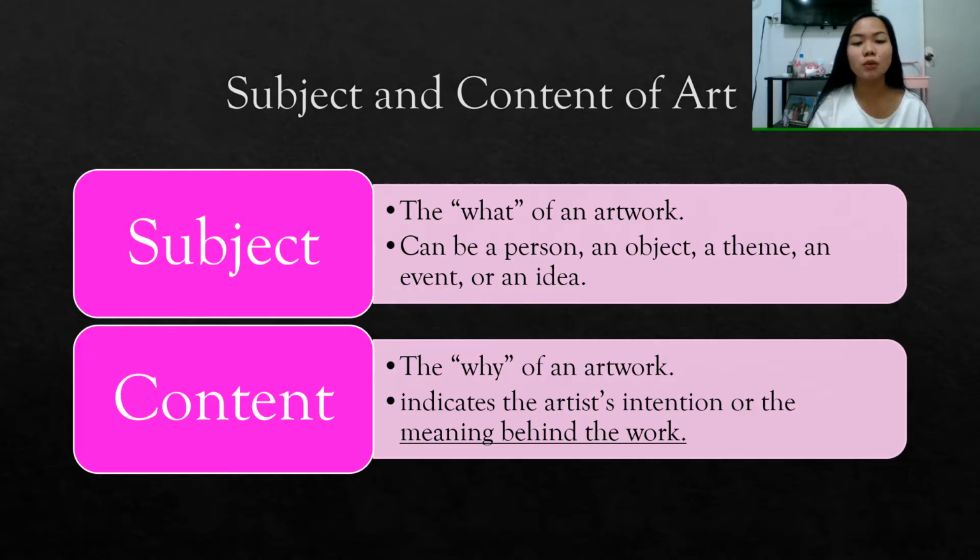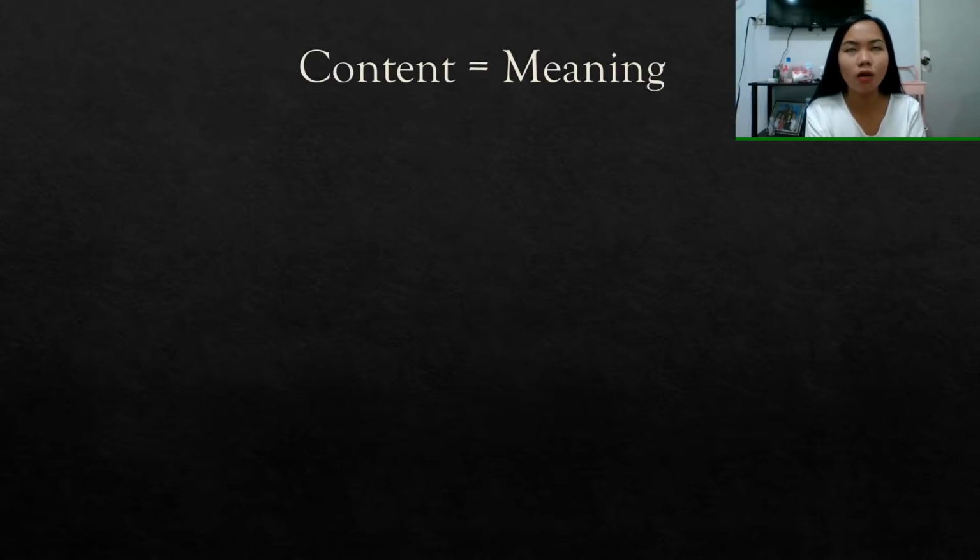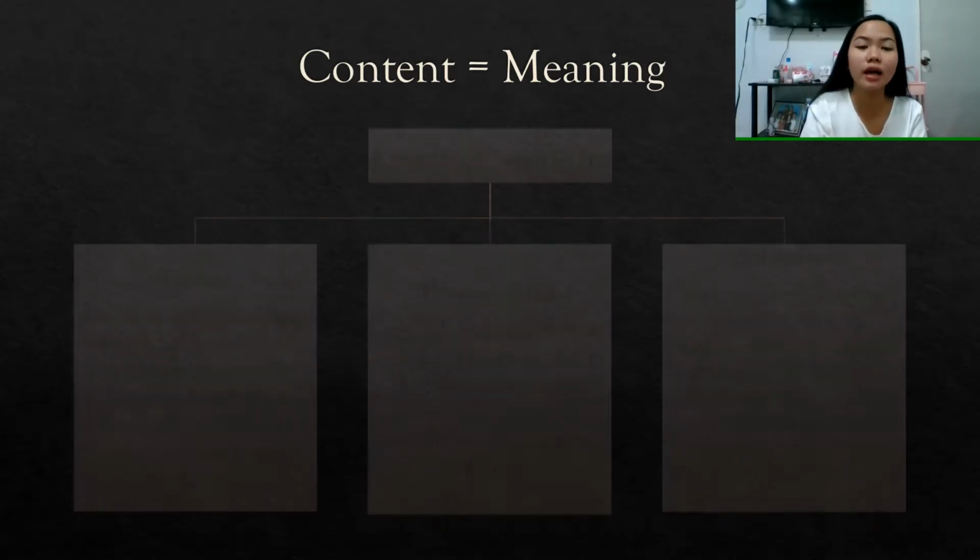So, once again, when we say subject, that is the what of an artwork, meaning ano yung focus ng work. When we say content, that is the meaning behind the artwork. The content of an artwork is equivalent to its meaning, as I said in the previous slide.